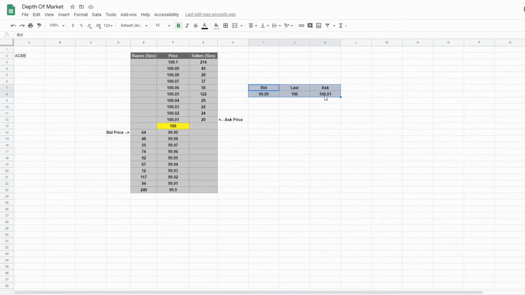Ask is the lowest value for shares that are being offered for sale. Bid is the highest value that buyers are willing to pay. This is what we call level 1 data. In your trading platform, if you have just level 1 data, you will see this portion here. This tells you that the lowest offered shares to be sold are 2,000, and they're offered at $100.01.